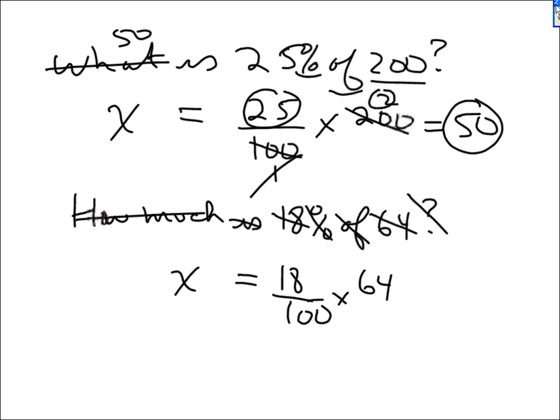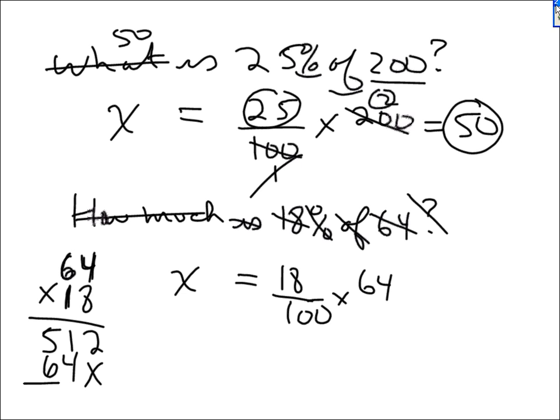Now, I'm just going to, on the side, multiply 64 by 18. 8 times 64, I think, is 512. And then 1 times 64 is easy, it's 64. You get 1152.